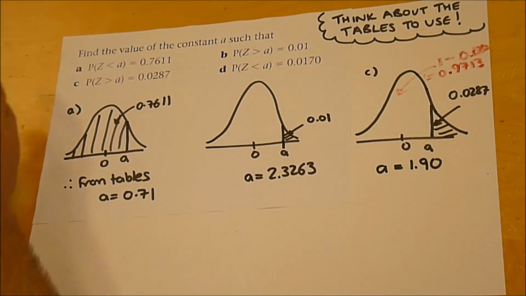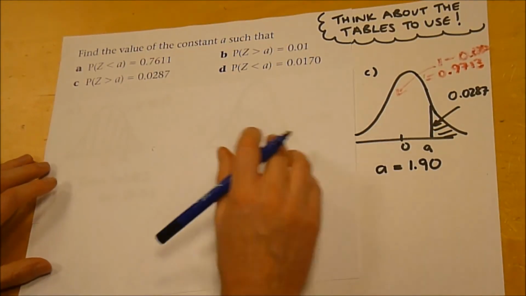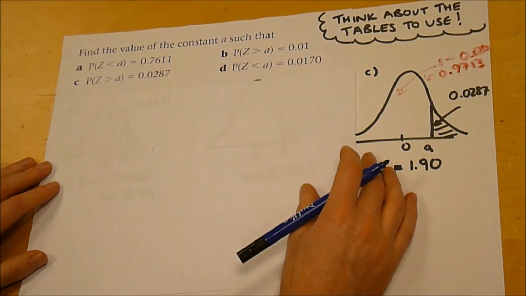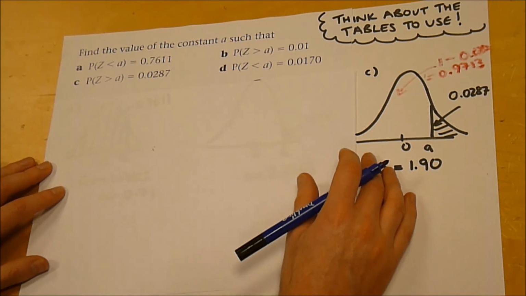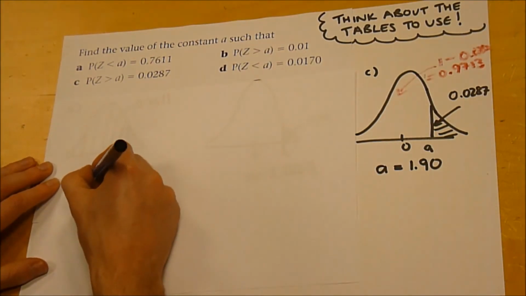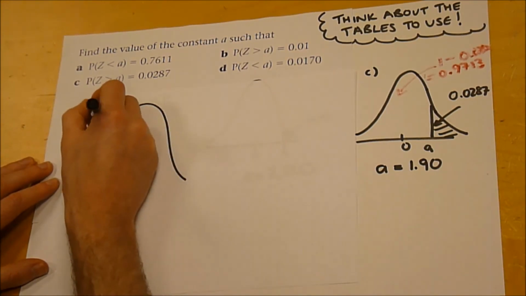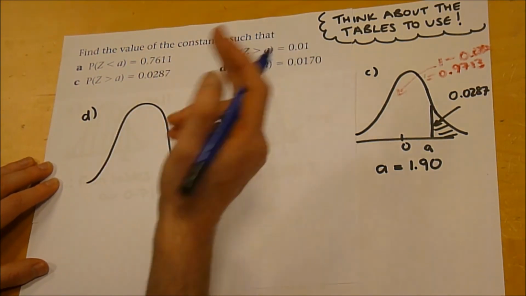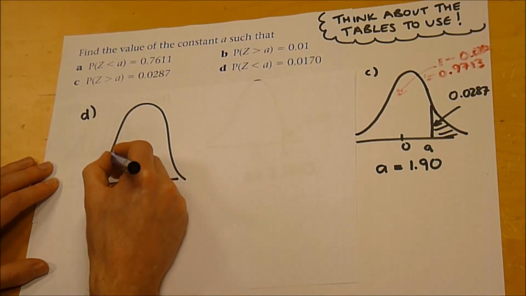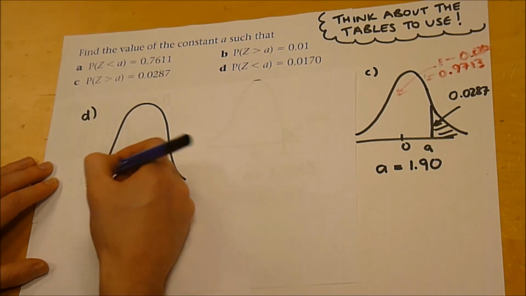Right, one final example. This time we're looking up the probability that Z is less than A is 0.0170. So, again we've got something less than 0.5, so when we draw our picture, we want Z to be less than that, being this really small probability. So we want Z to be less than it, something small, so we're down there.